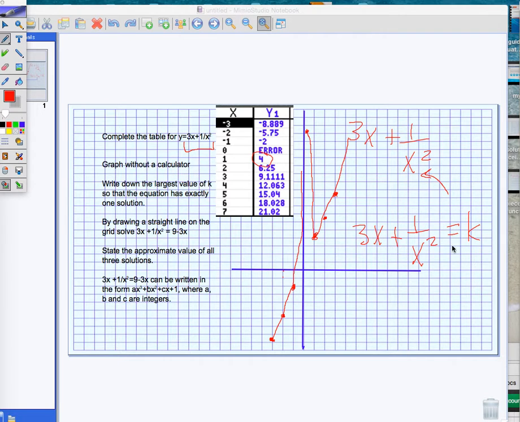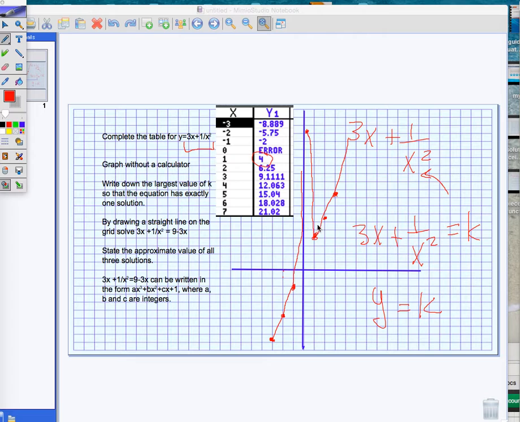When you have two expressions on each side of your equal sign, you could graph this by itself, which we did already, y equals 3x plus 1 over x squared, but we could also graph y equals k and see where these two graphs would intersect with one another.